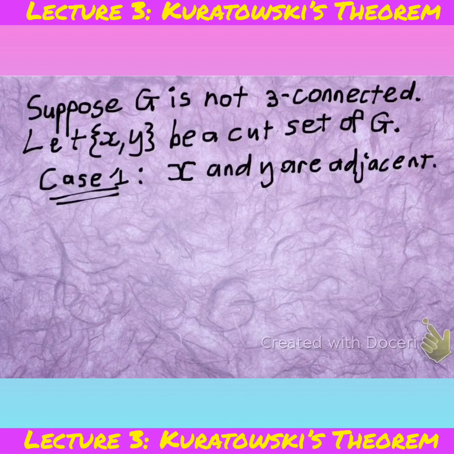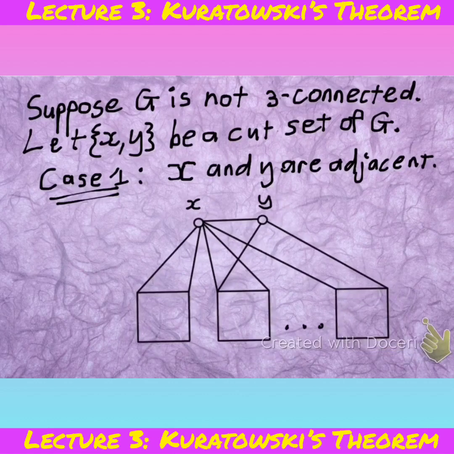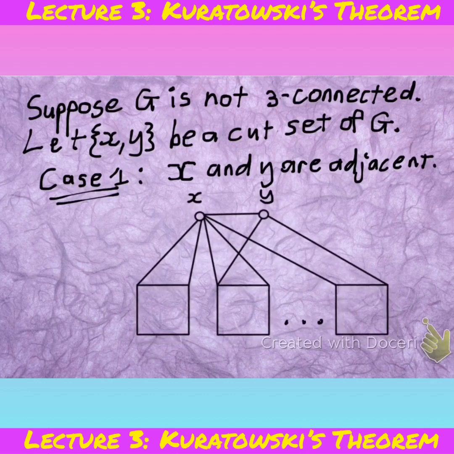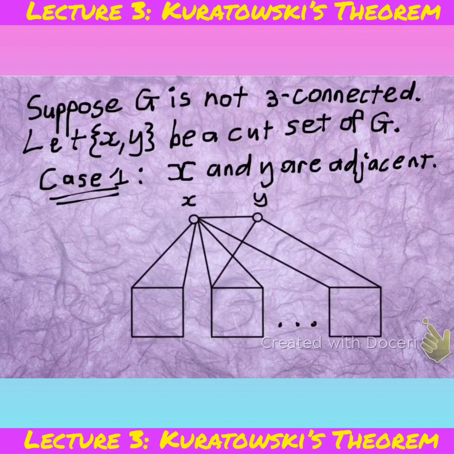Now this is roughly what the situation looks like. There's my cut set, and we have our components that result if I remove x and y. I also want to point out that each component must have vertices adjacent to x and to y.